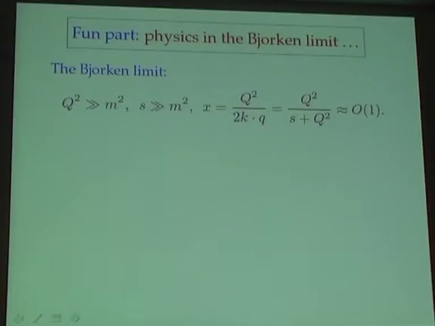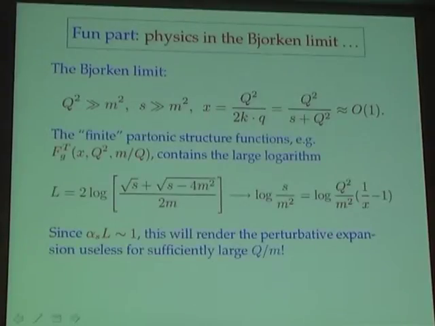But in the recitation session, we already discussed the fact that even if you fix x, you can fix it at 0.1, 0.2, or you can fix it at 10 to the minus 4, 10 to the minus 5. The story is actually slightly different. But for the moment, let's imagine x is of order 1. And that's what traditionally we mean by Bjorken limit.